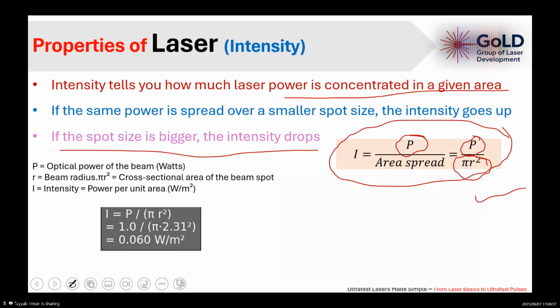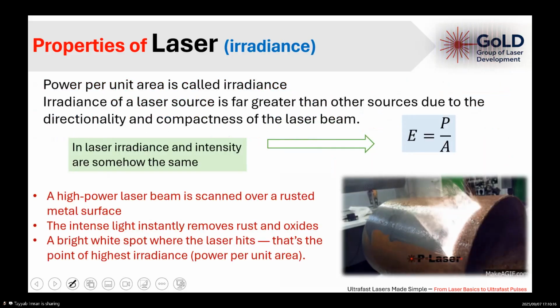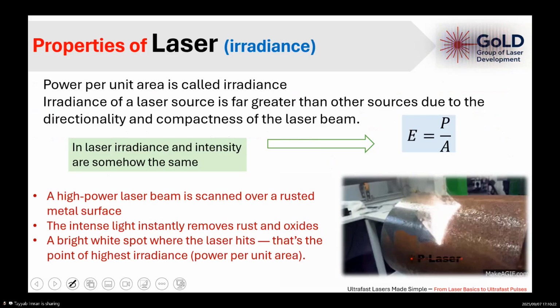And the unit for the intensity, you can see, is power per unit area. Okay, so there are still some things in the properties. Irradiance is very important as well.